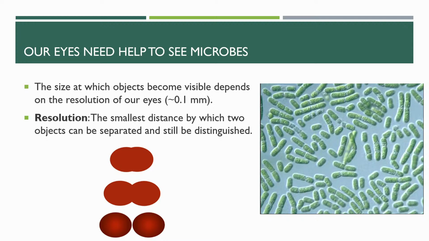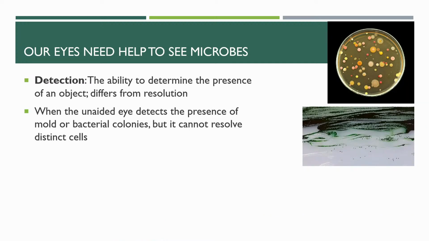But one of the things that we need is also detection. So resolution differs from detection. Detection is the ability to determine the presence of an object. But resolution is being able to actually differentiate the different individual cells.